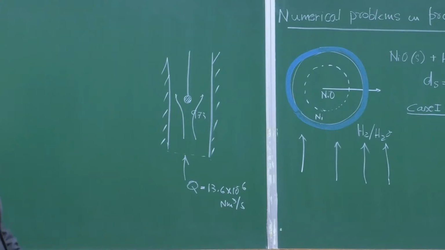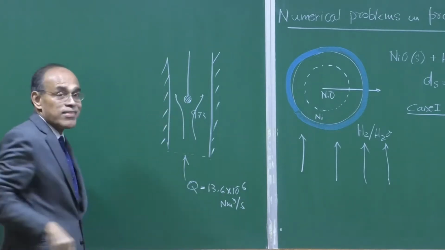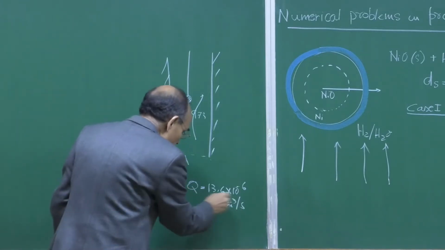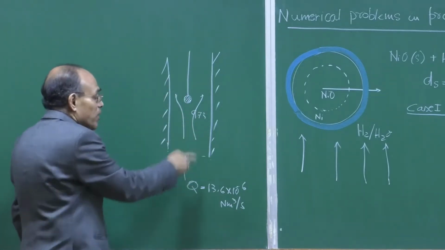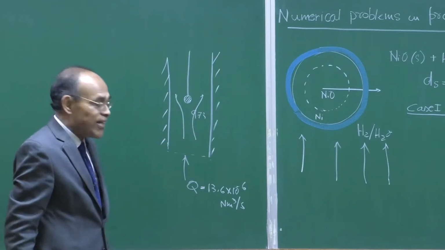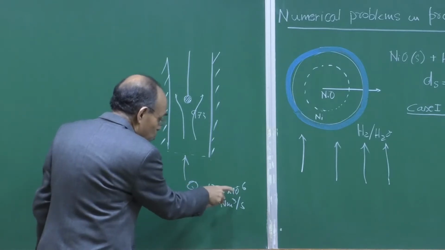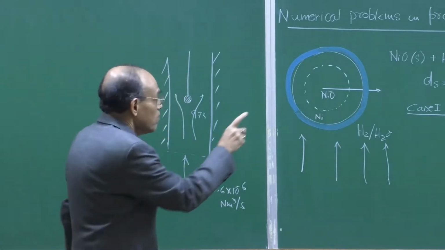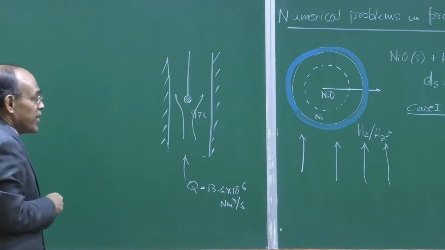You must understand that this is not the gas flow rate that the particle sees. The particle sees a much higher gas volumetric flow rate because of the thermal expansion. So, if we consider ideal gas behavior, the actual gas flow rate would be this value multiplied by 973 divided by 298.